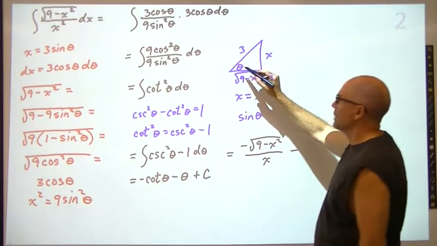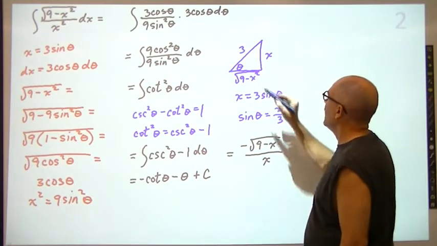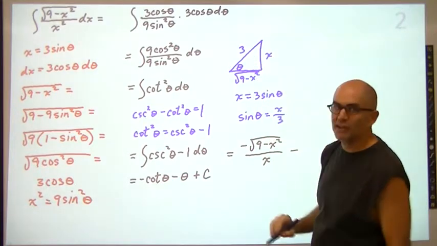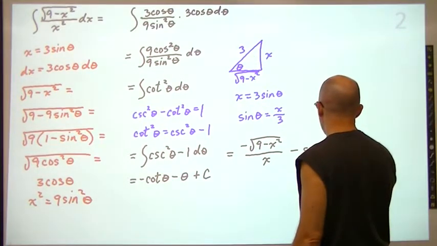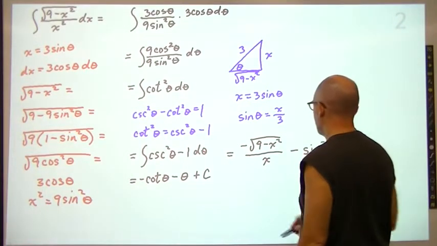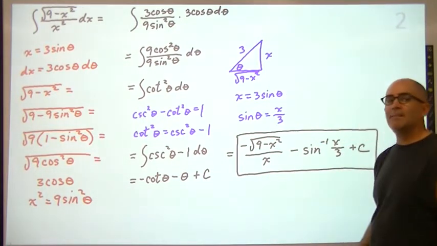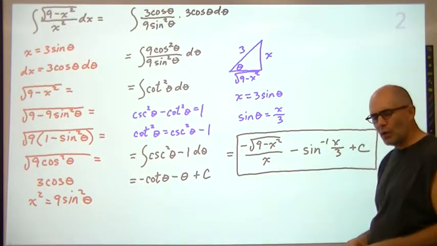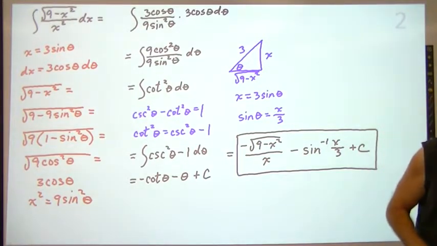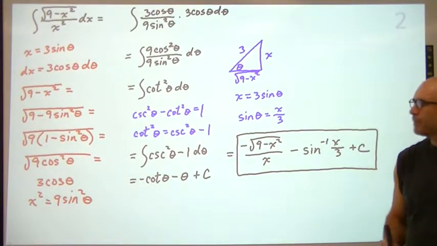Well, the simplest way to explain theta is if sine theta is x over 3, then theta is the inverse sine of x over 3. That's it, game over. Okay, so let's just check to make sure that the book actually agrees with us. Yeah, it does. Okay, that's happy.